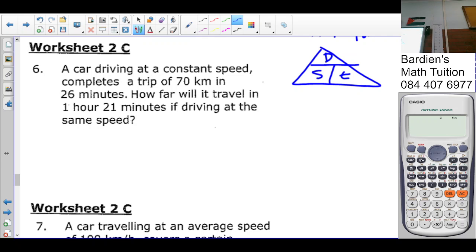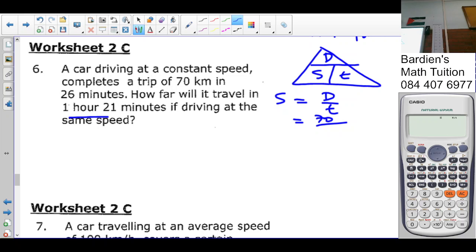So how do you calculate speed? It will be distance over time. So what's the speed? 70 kilometers in 26 minutes. But now we must not do kilometers per minute. We work in kilometers per hour. You can work in kilometers per minute, but then you have to convert that to hours.